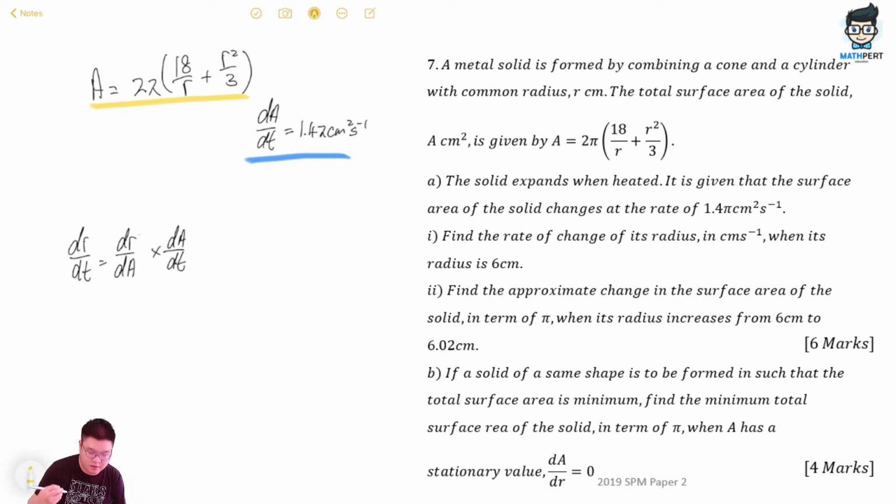We differentiate the surface area with respect to r, meaning dA/dr, then flip it around and we get dr/dA. So what will be dA/dr? 2π remains. Differentiating 18/r, we get minus 18/r², and then this will be 2r/3.